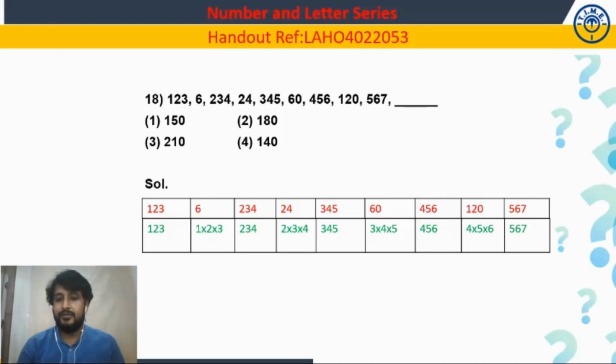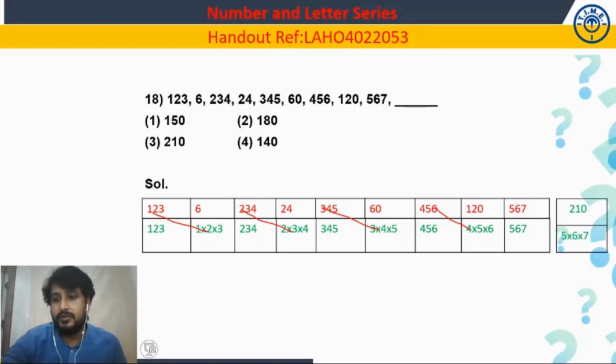Similarly, 60 is 3 into 4 into 5. And 120 is 4 into 5 into 6. Okay. Now next should be 567. The product of 5 into 6 into 7 will be equal to 210. 5 into 6, 30, into 7, 210. Choice 3. Product of the digits.